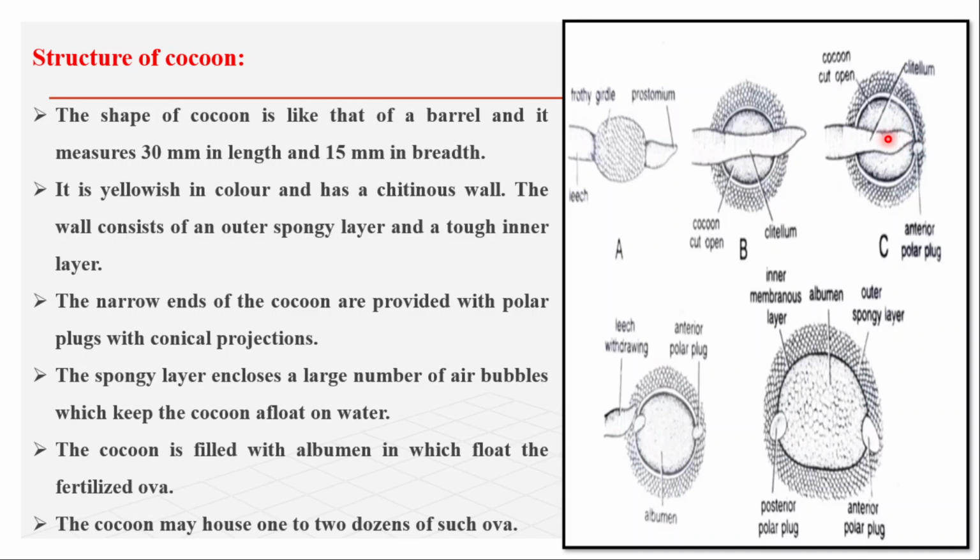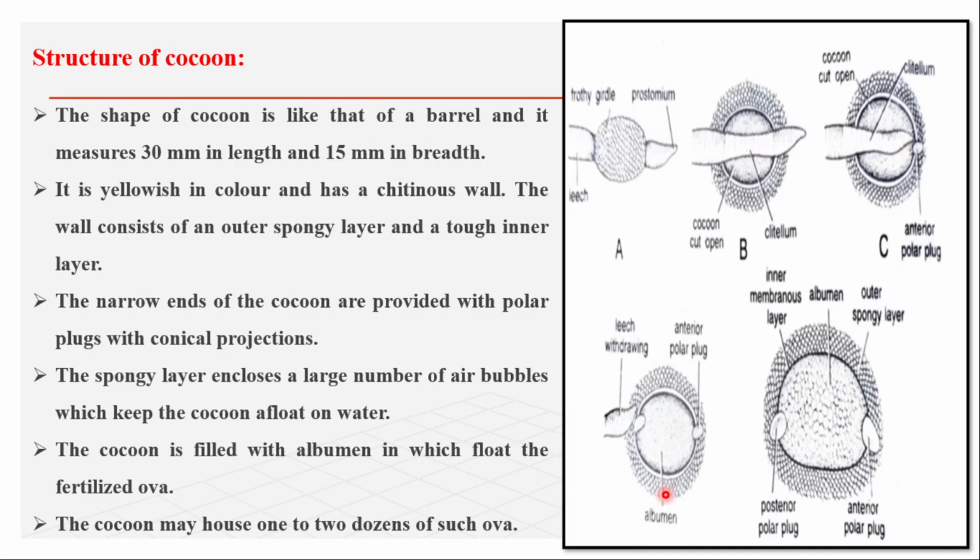The cattle leech wriggles itself free from the cocoon or the girdle. See here, one end of the cattle leech gets freed from the girdle, and that is fused with the polar plug in the anterior region. So that polar plug is called the anterior polar plug.